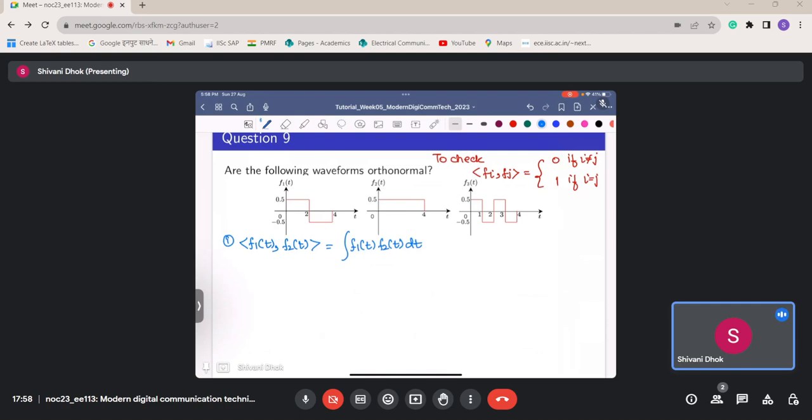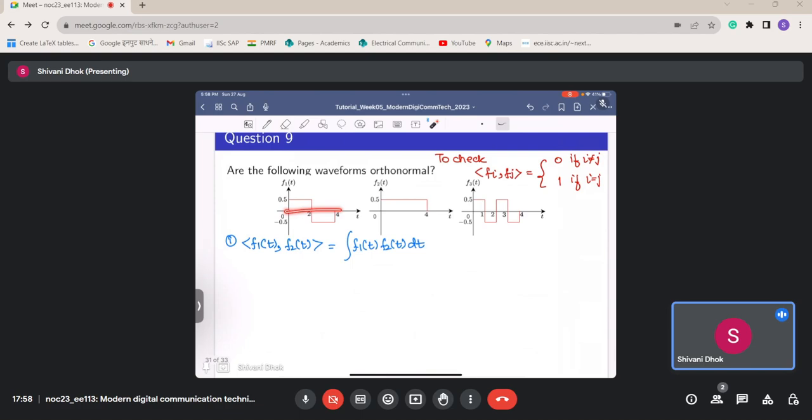Here, all these three signals are ranging from 0 to 4. All are ranging from 0 to 4. So I can put these limits as 0 to 4. Now if you observe carefully, this f2(t) takes a constant value from 0 to 4, which is equal to 0.5. However, f1(t) takes 0.5 for 0 to 2 and minus 0.5 for 2 to 4. So we can simply break this integral into two parts.